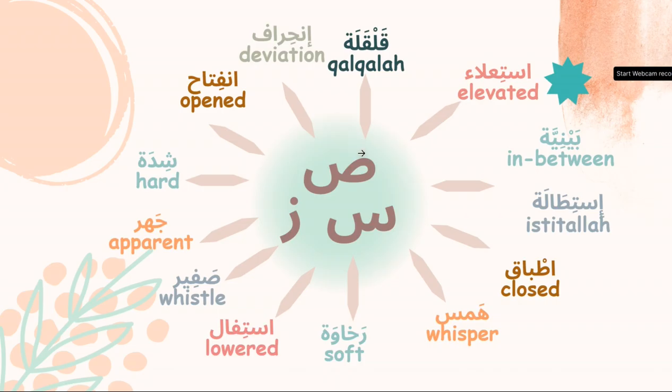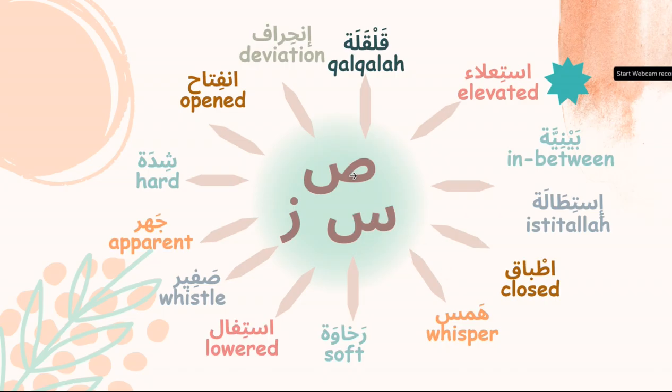Yes, just the Sod is closed with itbaq, meaning that while pronouncing the letter Sod, we raise the whole tongue to touch the upper jaw against the upper teeth, and the tip of the tongue, as we just mentioned in the makhraj, is touching the surface of the lower teeth, right?